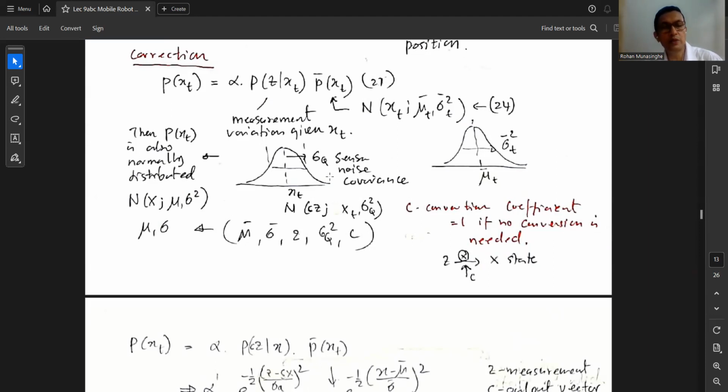Now, if you look at the measurement, again, you can see it gives you the same mean x t, because the sensor is not supposed to give a different mean, okay? The sensor is supposed to give you the same mean, but with some standard deviation. So therefore, you can say x t is in the middle, right? Mu t over here, and then the standard deviation is sigma q. You have to get it from the sensor data sheet from the manufacturer.